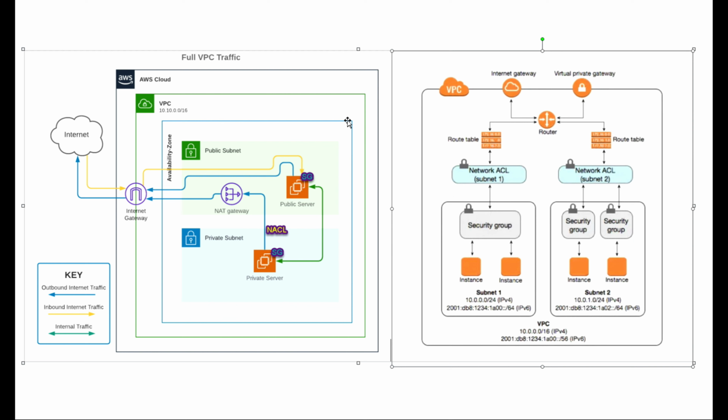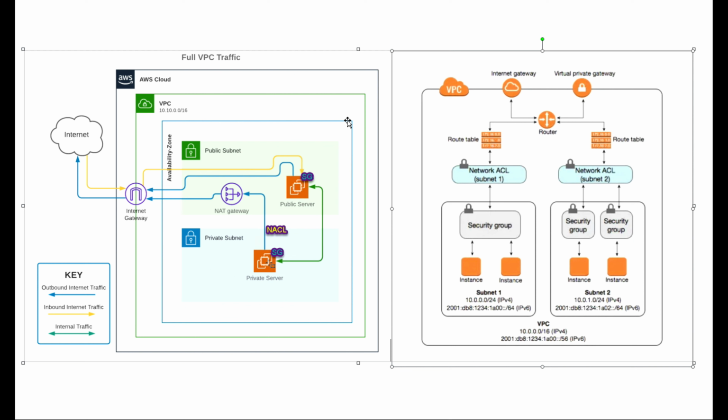Sometimes services are running in a private subnet and we may need to update the host, apply some patches, or install some software. That means we need access to the internet. What are the options there?